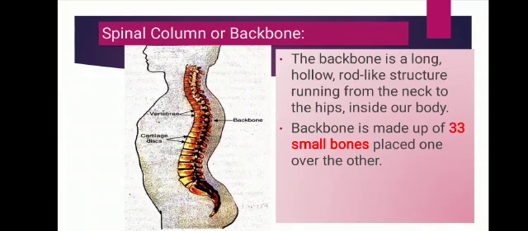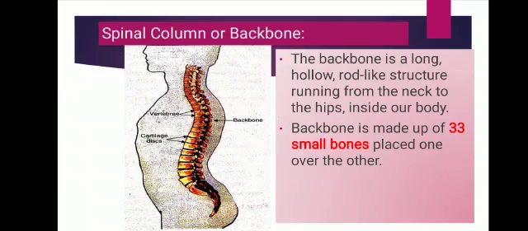About backbone. If we put our fingers at the center of the back of our body and move them up and down, we will feel a hard and long structure in the back of our body. So this is our backbone or spine. It is a long, hollow, rod-like structure running from neck to the hips inside our body.